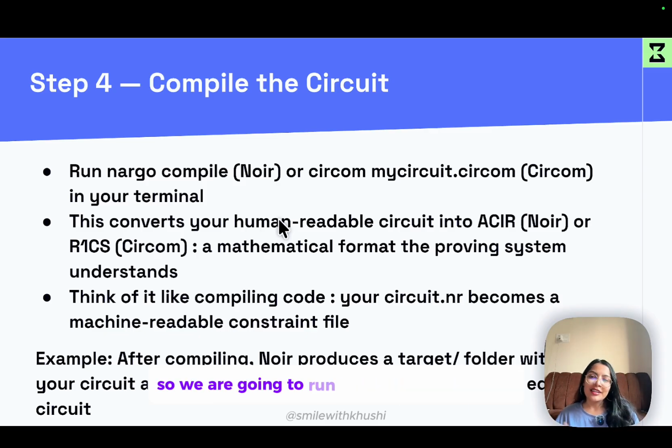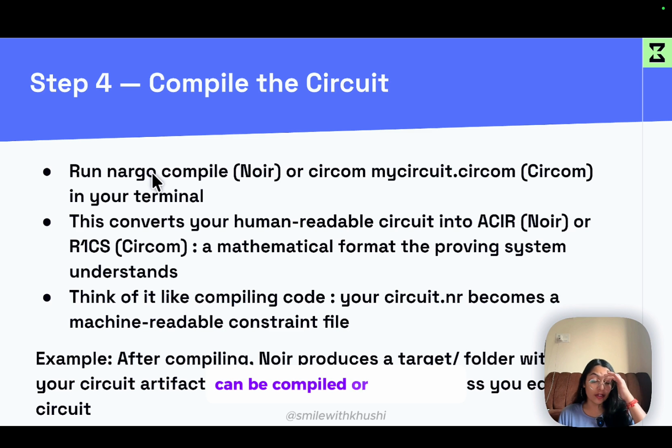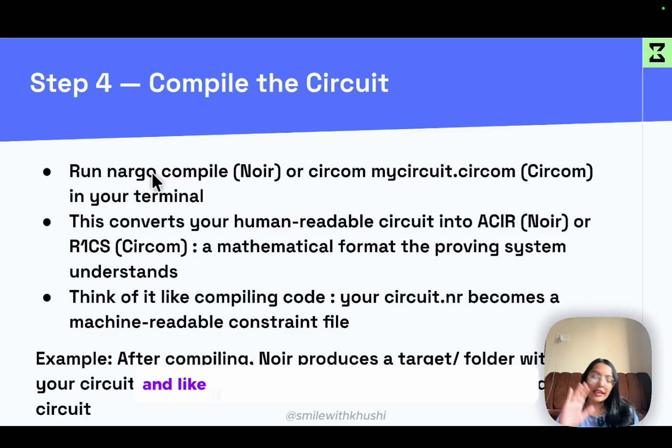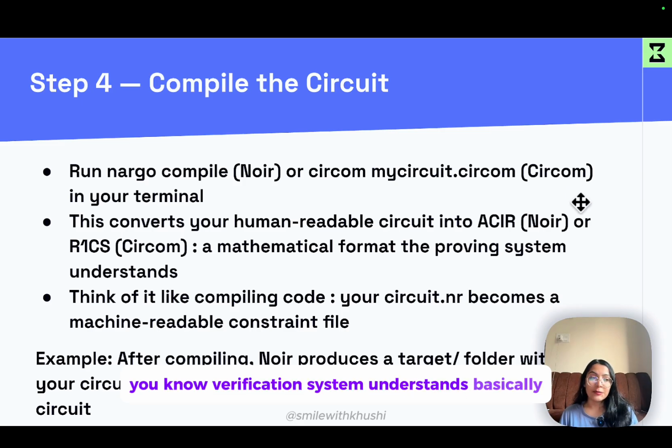So we're going to run these compilation commands in the terminal to see if my circuit can be compiled or it's correct. Now what happens mainly here is that my circuit is in human readable form, it has some keywords, a proper syntax, and it converts into ACIR. Okay, it converts into ACIR notation in Noir, and if it's Circom, then it's R1CS format. It's basically a mathematical format that the proving and the verification system understands.